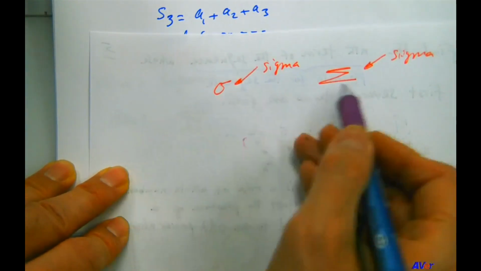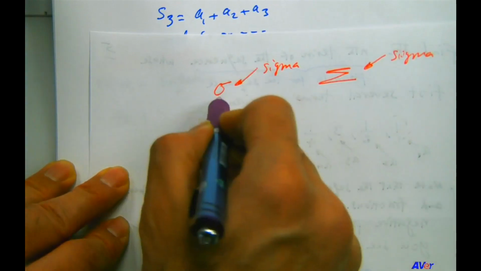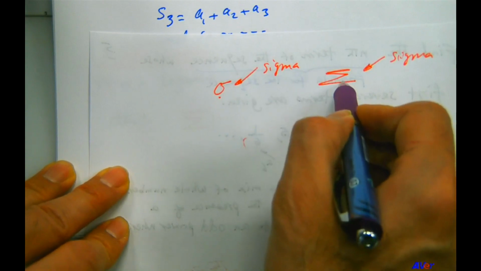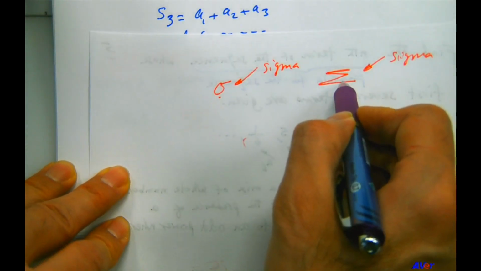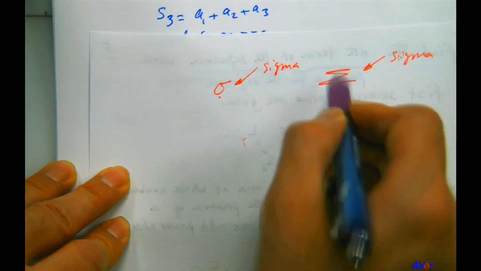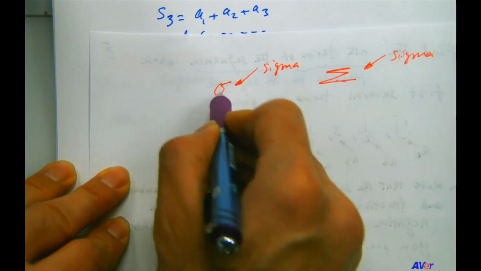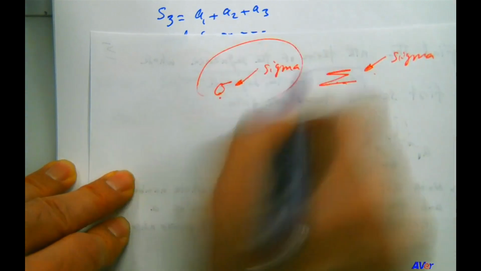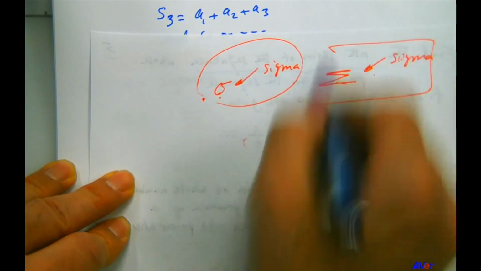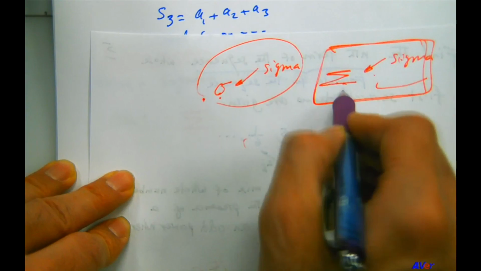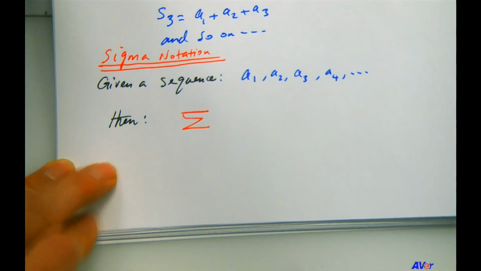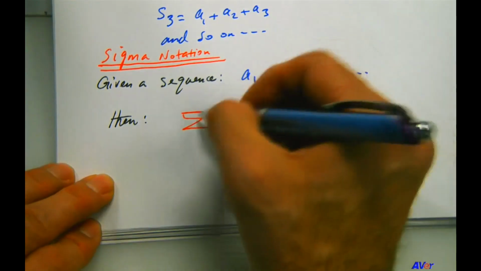They're both the same letters, but this is the lowercase in the Greek alphabet for sigma. This is the capital sigma letter in the Greek alphabet. In statistics, you'll see this. Here, in connection with series, you'll see this one.